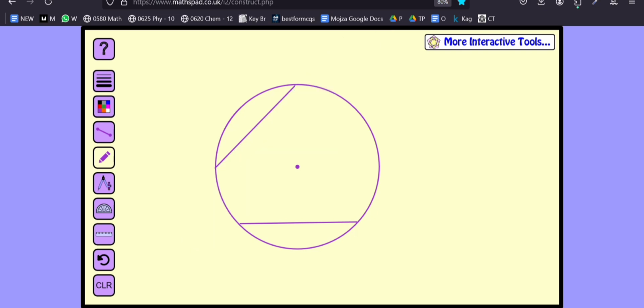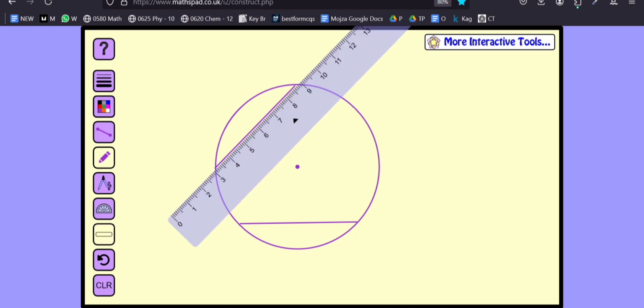Now we are going to mark it at 90 degrees. The way we're going to do it is, let's move it a bit. This is 3 and this is 8.6, right? This is 3 centimeters and that is 8.6. So we're going to find its midpoint as well.